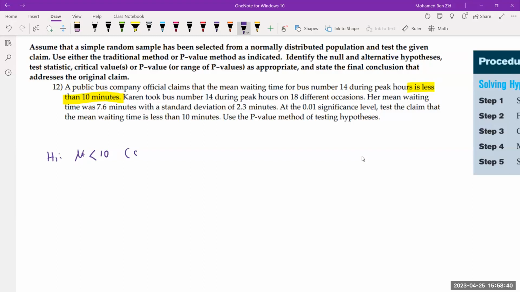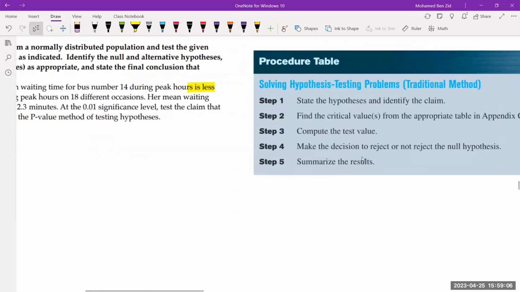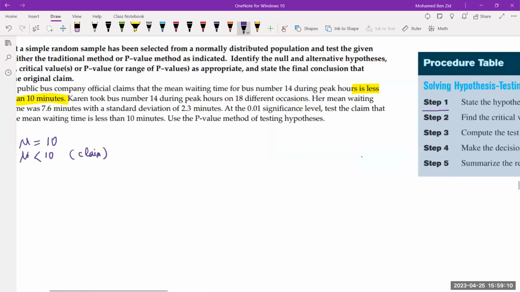This is my claim, by the way. And I can identify H0 as well, and that would be the mean equals 10. So that's step 1, all right? We finish with step 1.